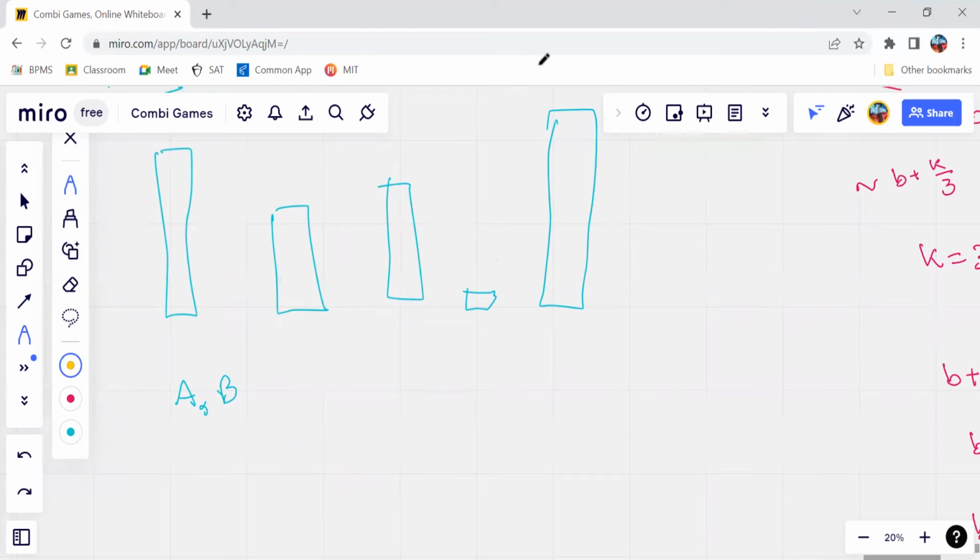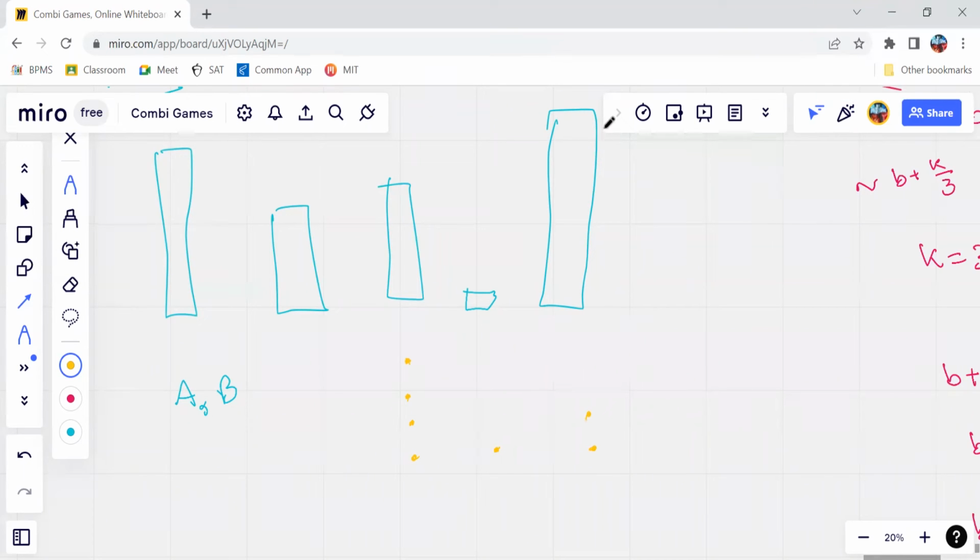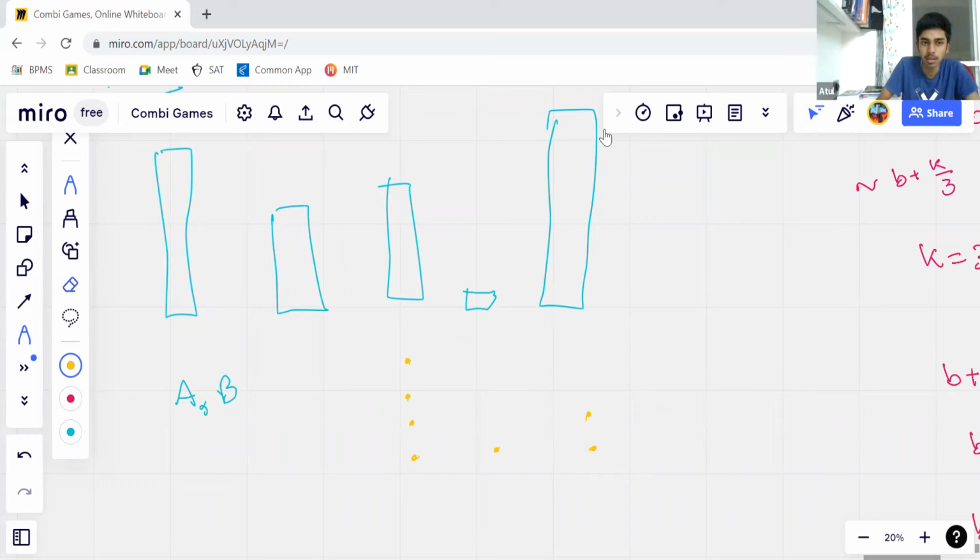So let's just do a few simple cases. Wait, can you repeat how that thing works? Yeah, so let's suppose this is the case: 4, 1, 2. These are 3 piles. On his first turn, you can choose to remove any number of tokens, but from the same pile.